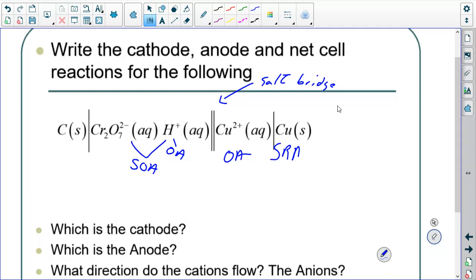Our SRA is our copper. I think that's the equation for the dichromate half cell.